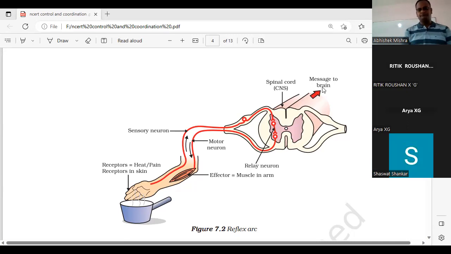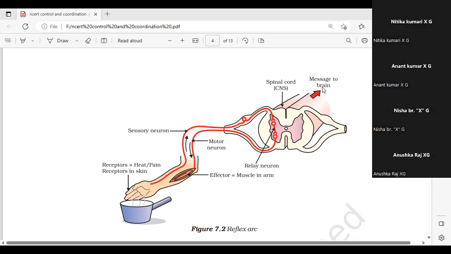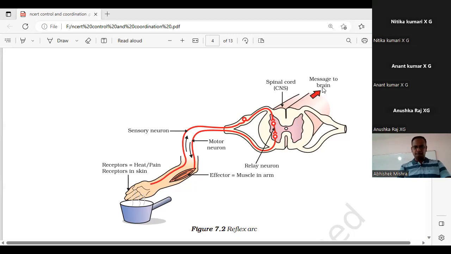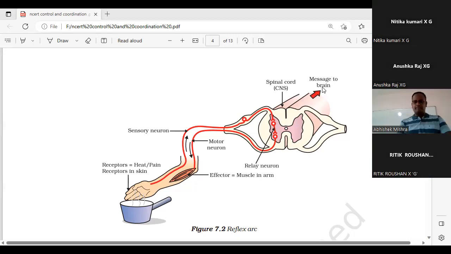The group of cells that show response towards stimuli. Well said, Nisha. Correct. Okay, this time Anushka also, because she has not spoken. Group of cells that shows action towards the stimuli are called effector.